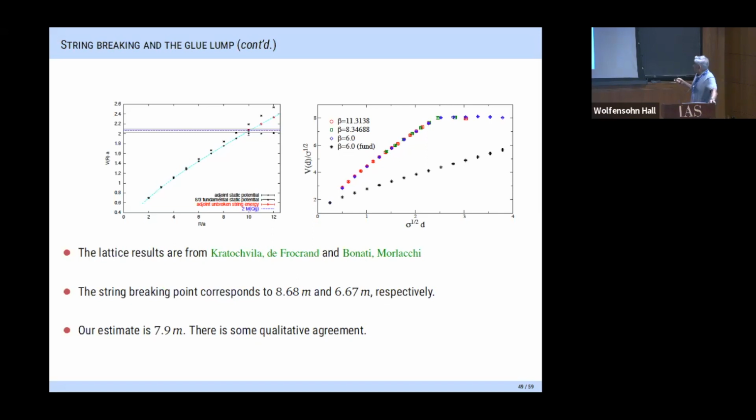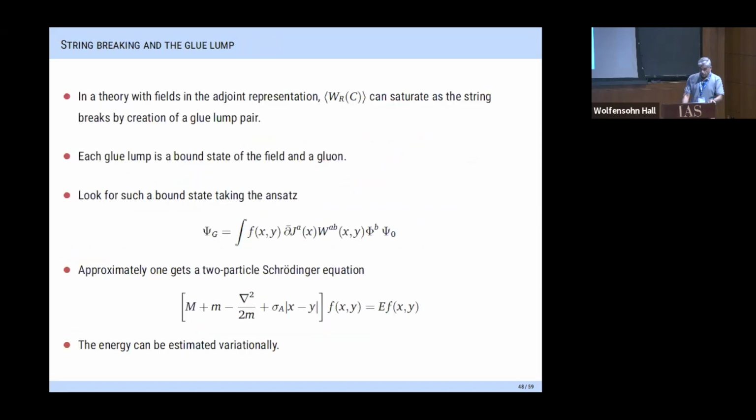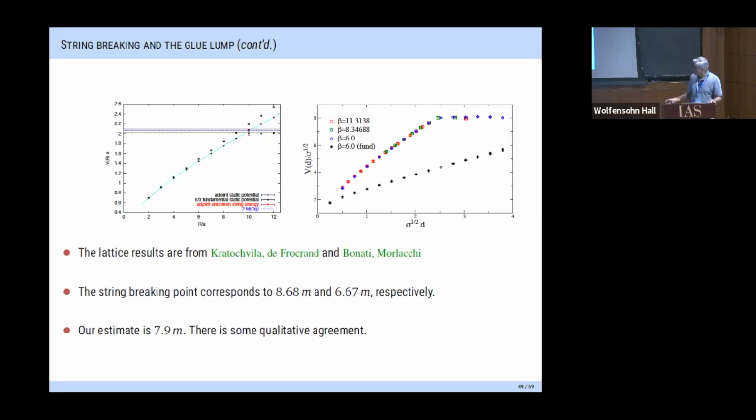So if I follow these two graphs, the values they quote amount in my units, in units of little m, to 8.68 and 6.67. So there is some variation in the values quoted. Whereas if you try to take an estimate from this calculation here, you're going to find 7.9. So it's not a great agreement, but it is something not outlandish. It is qualitatively in agreement, okay?